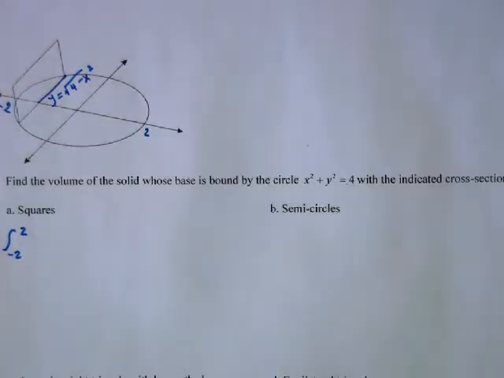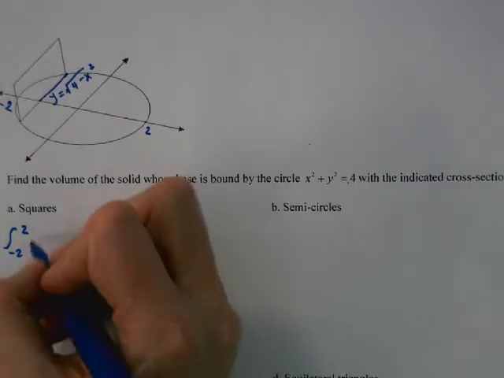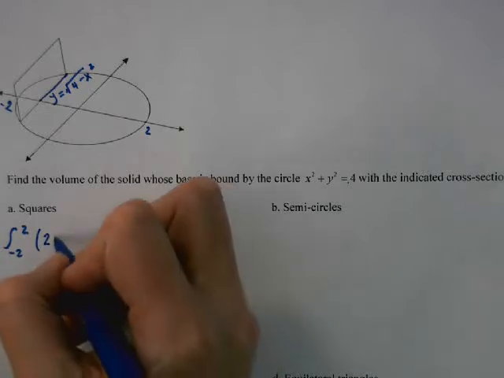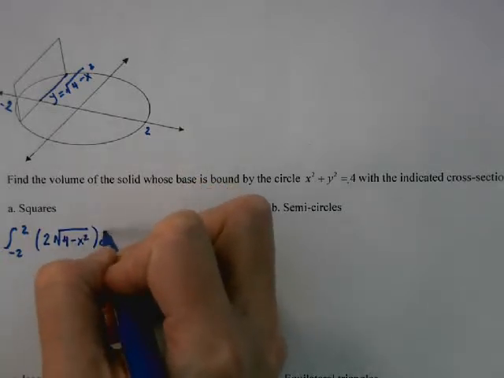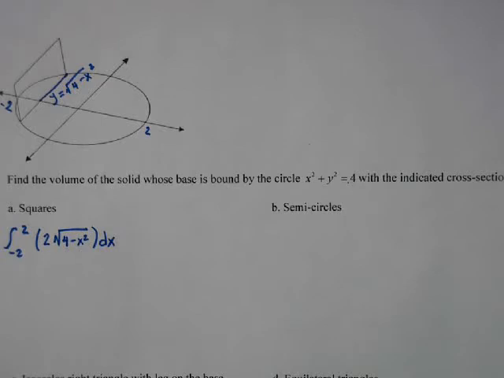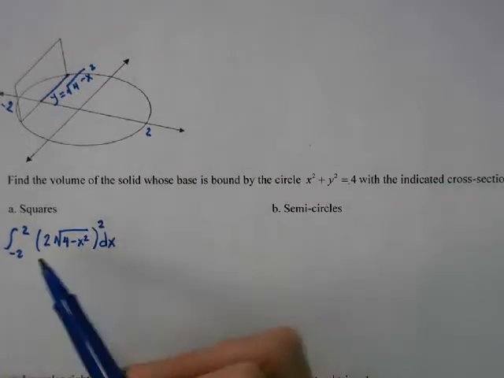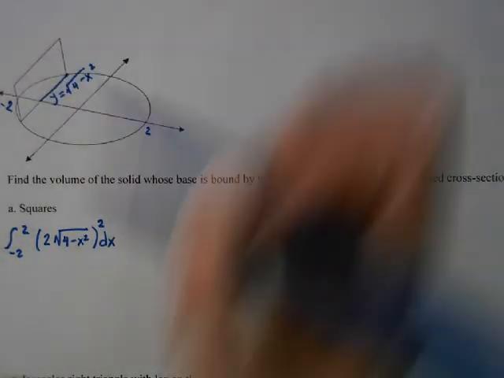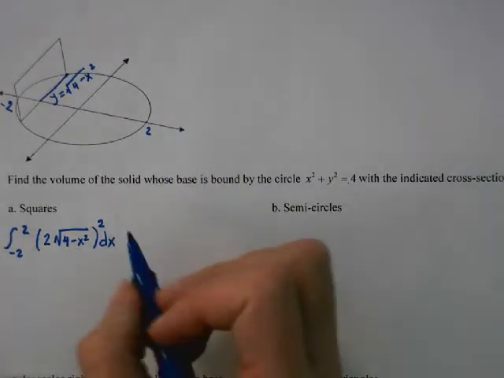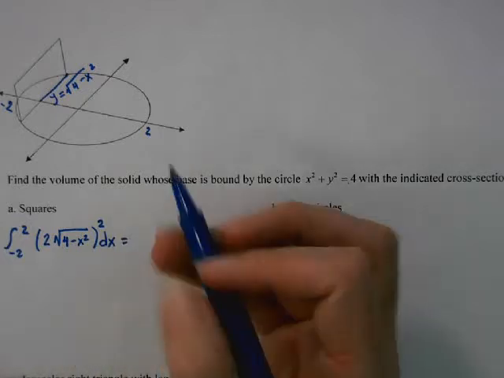So the base of this square is going to be double that. So the base of the square is 2 times the square root of 4 minus x squared, and then the height of the square would be the same thing, so we just have base times height. Then we'll go from here.